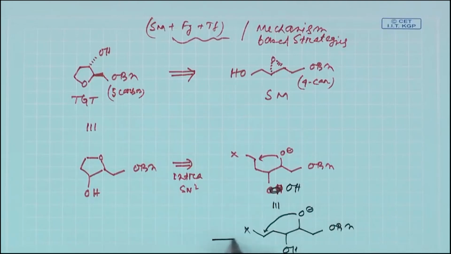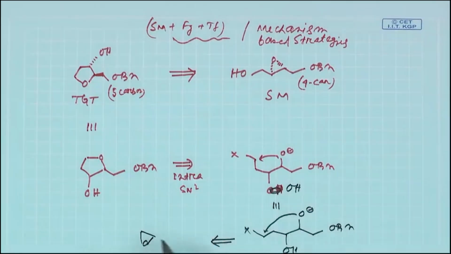Now, try to correlate how this compound can be coming from this compound. Now, I say if you have an intermediate something like this, this is OH.